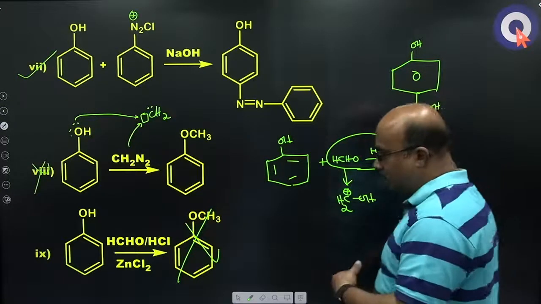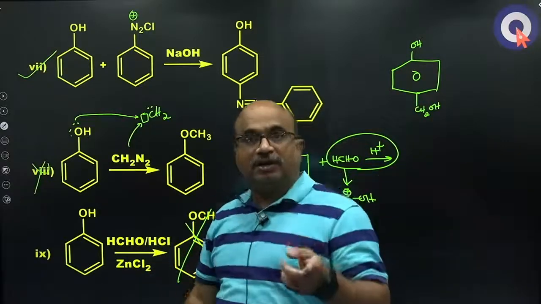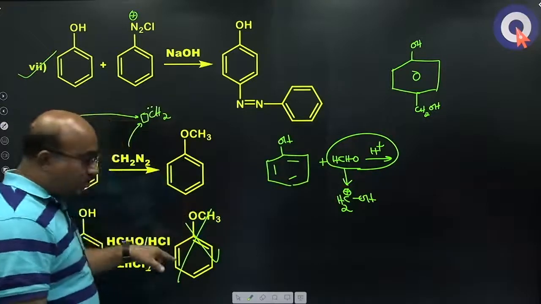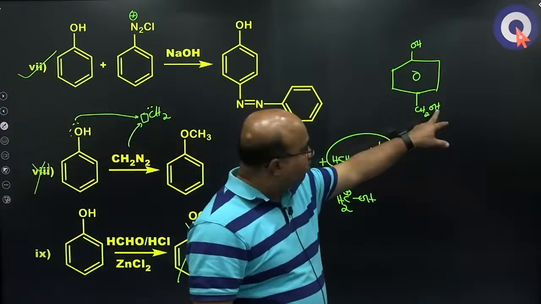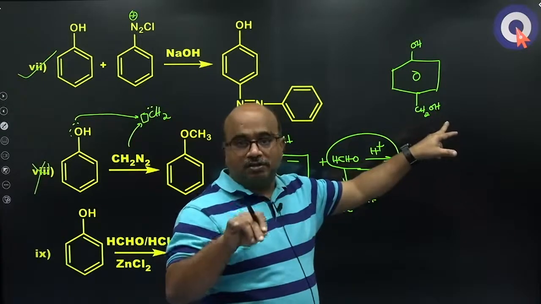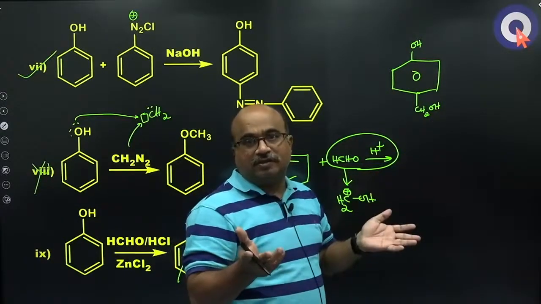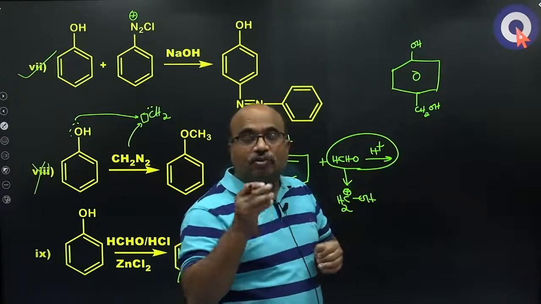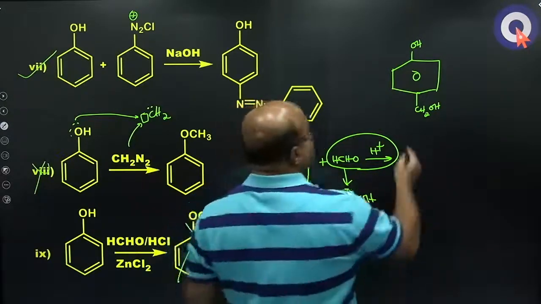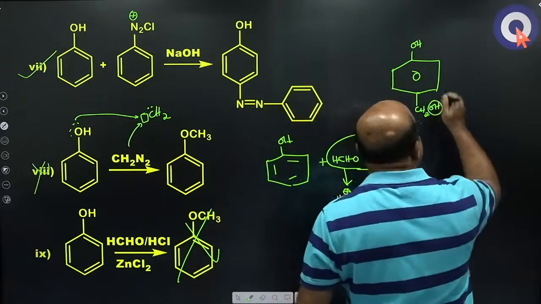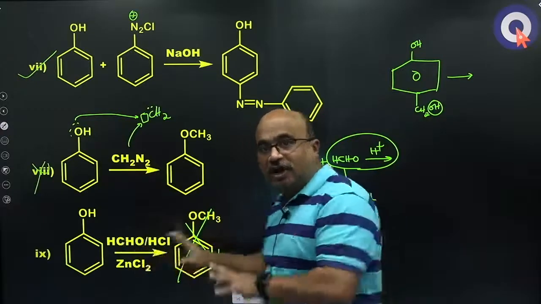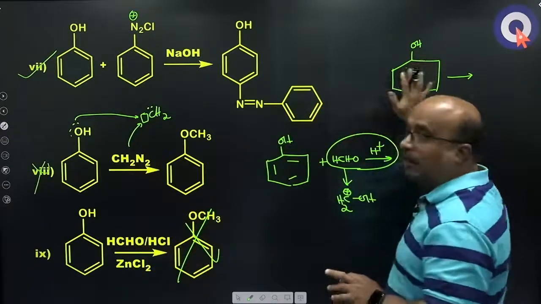But we are having acid here and even ZnCl2 is there. So what may result later is, because this OH group is present at the benzylic position, and we have anhydrous ZnCl2 and HCl, the OH group can be substituted by Cl. So in presence of these reagents, this cannot be the final product.